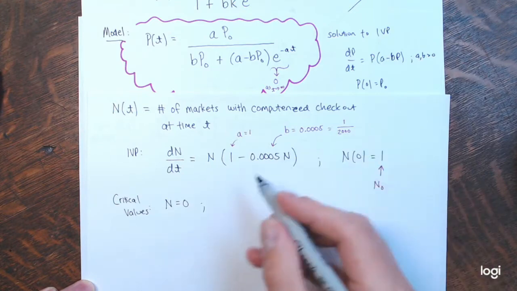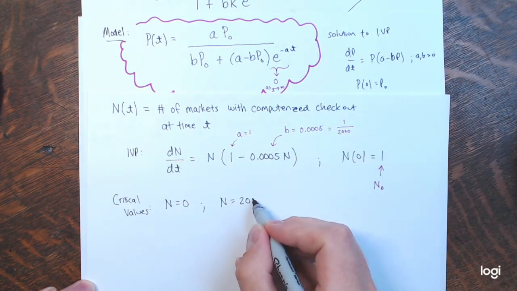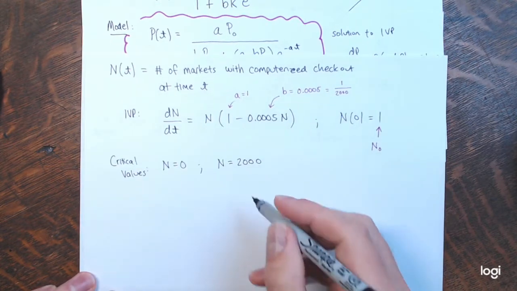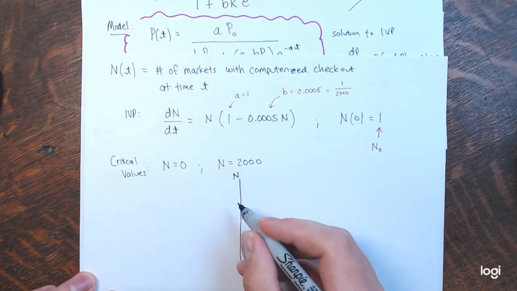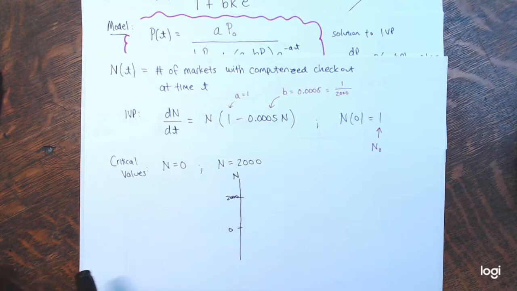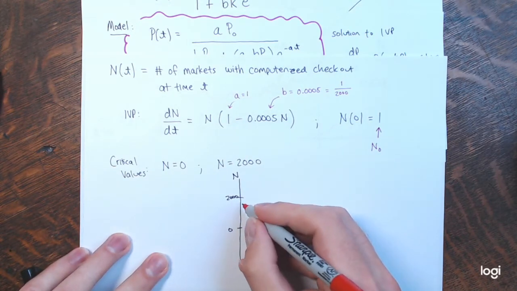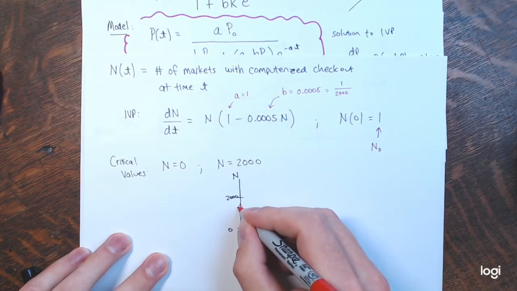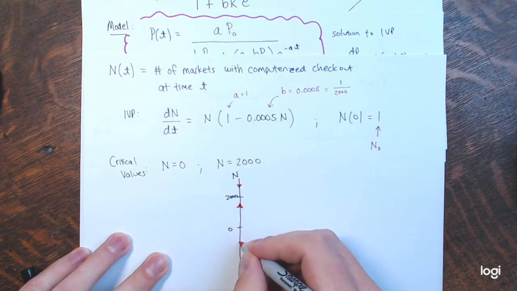Times 2,000 makes this 1 minus 1, which would be 0. The phase portrait, with the number of supermarkets, n equals 2,000 and n equals 0, would look just like the phase portrait I had earlier, where n equals 2,000, and you can test this out yourself, is an attractor, and n equals 0 is a repeller.